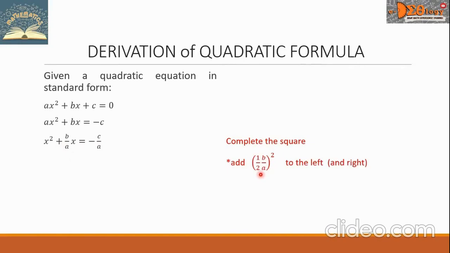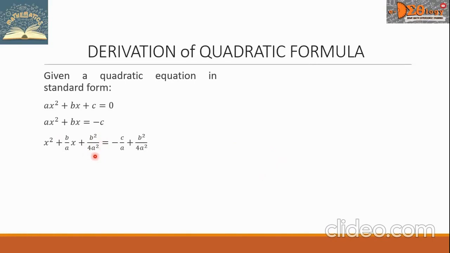So we are going to add this value to the left side and also to the right. And then let us simplify this square of 1/2 of b over a. And that is b squared over 4a squared.